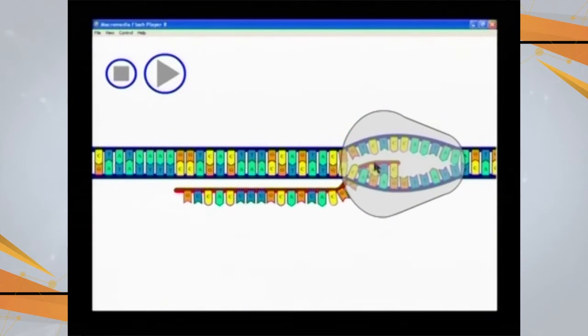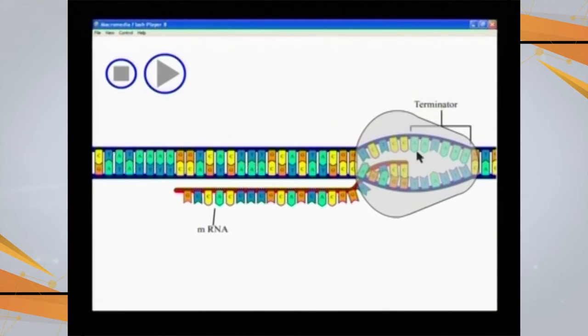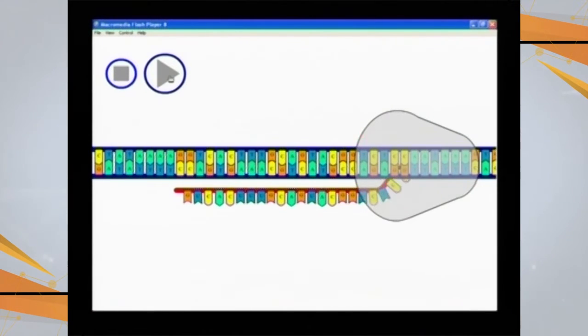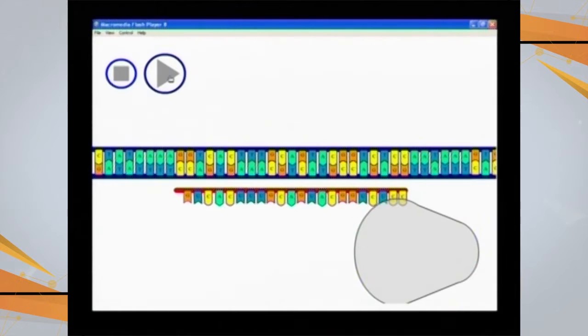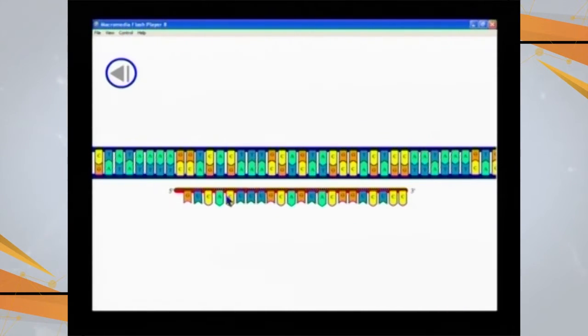So this is the strand, and in the end the termination is going to occur where a signal is going to come that the order should end here, just the stop codon which is there. Now this is the message.